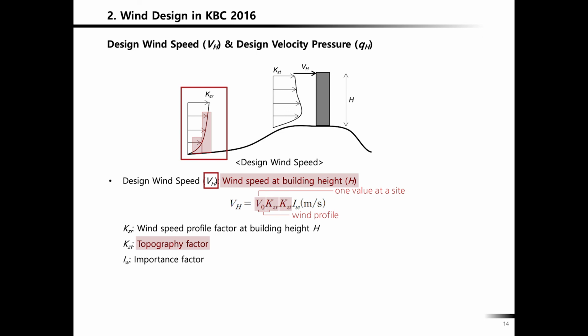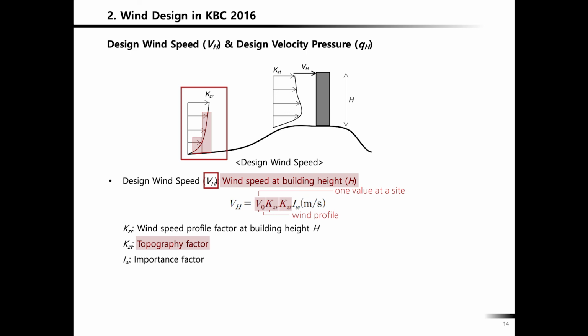And then the importance factor. If you're building a federal building, high-rise building, school, or hospital, you're going to apply a higher importance factor than for the others, just like the seismic code.